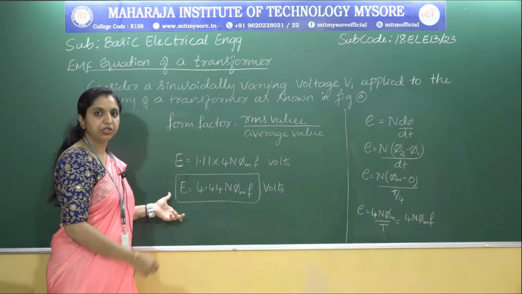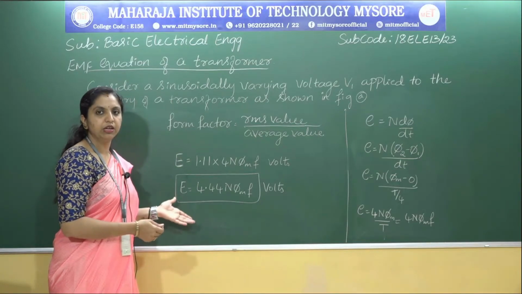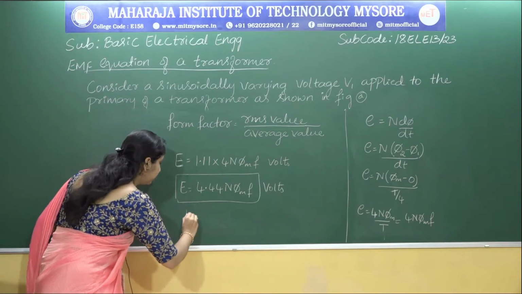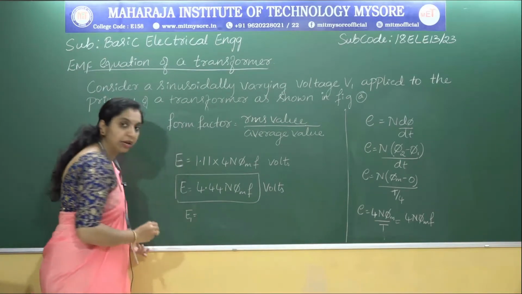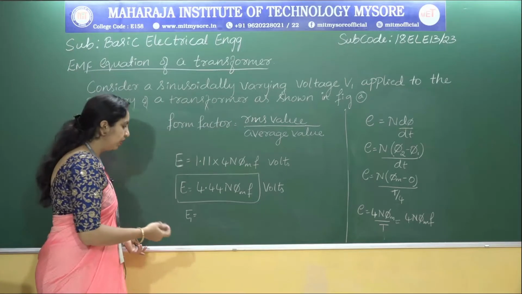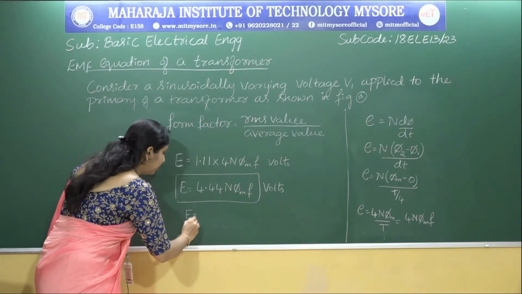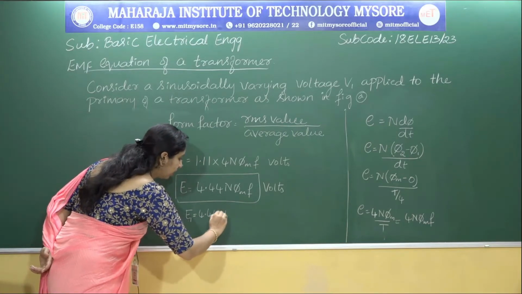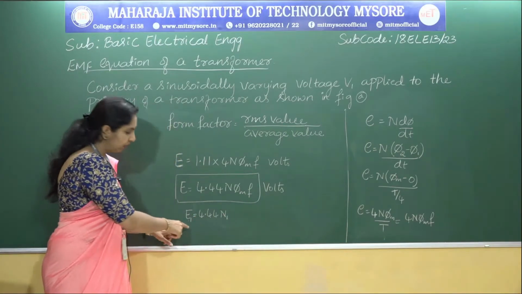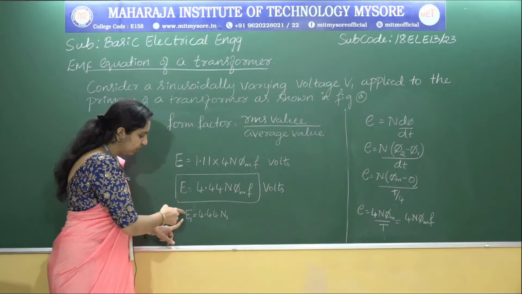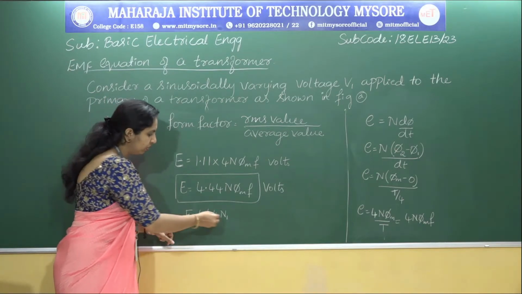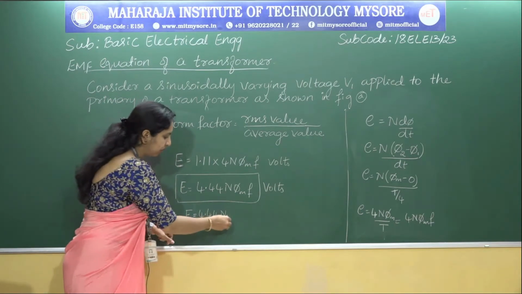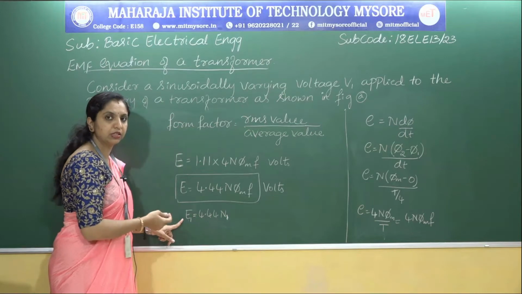Now the same equation can be expressed for the primary induced EMF with N1 number of turns. So E1 is equal to 4.44 N1 phi m F, where N1 is the number of turns in the primary winding.